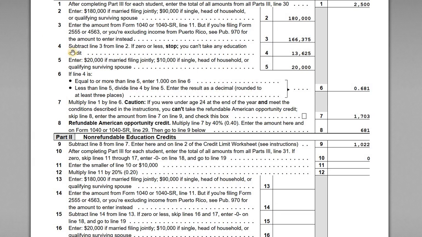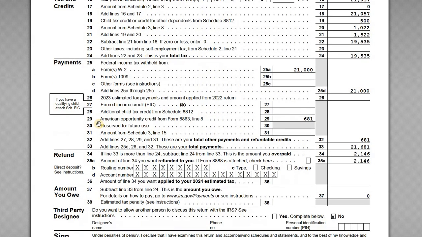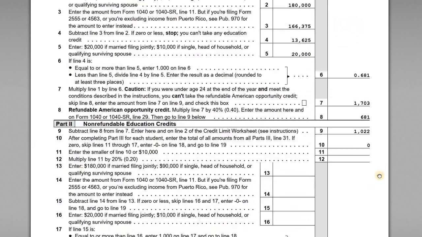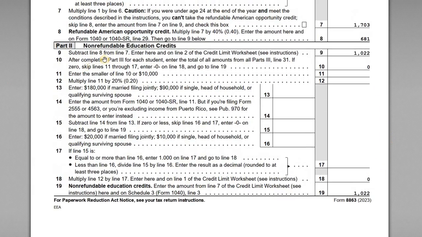So if we go back to page 2 of the 1040, line 29, this is the refundable piece of the credit, 8863 line 8, $681. All right? So that's the refundable piece, but we still have to calculate the amount of the non-refundable credit that's reported up here. So if I go back to the 8863, now we're working in part 2.